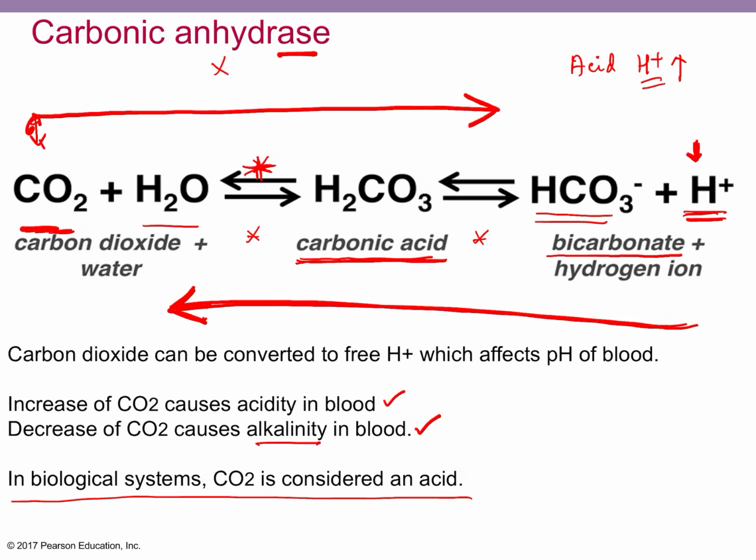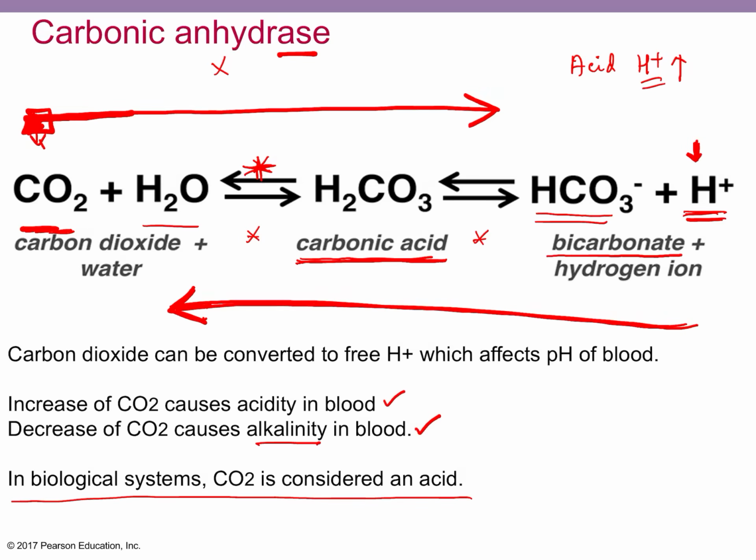This carbonic anhydrase is right here. Then that can be converted to bicarbonate. And the more CO2 in your blood, the more free hydrogen ions, the more acidic your blood becomes. So that's kind of the balance of pH in your blood.